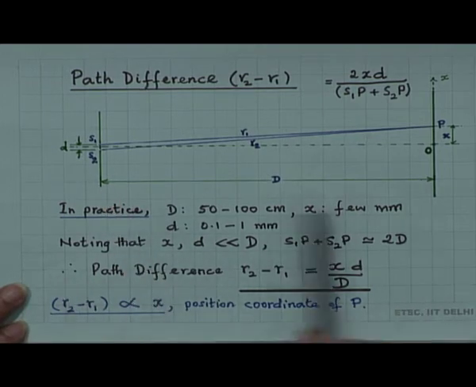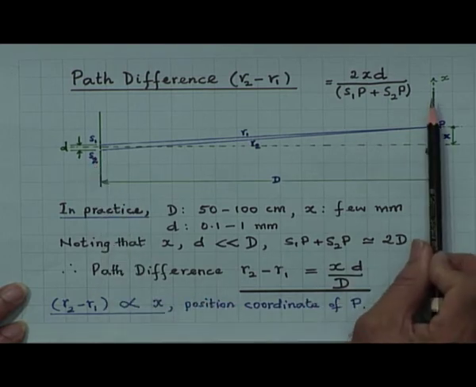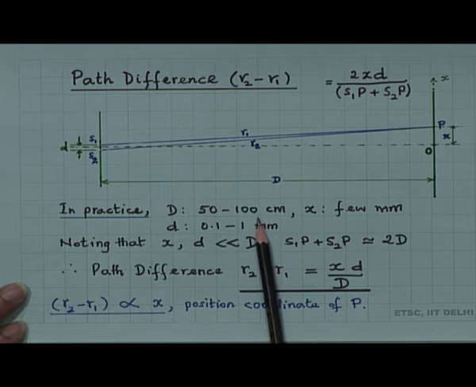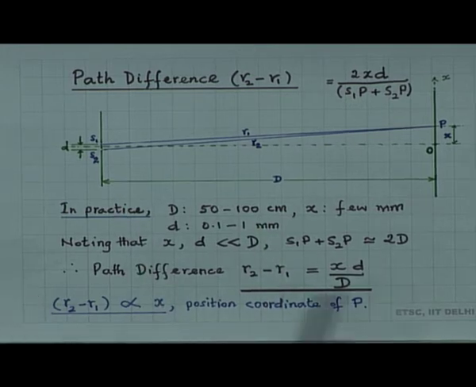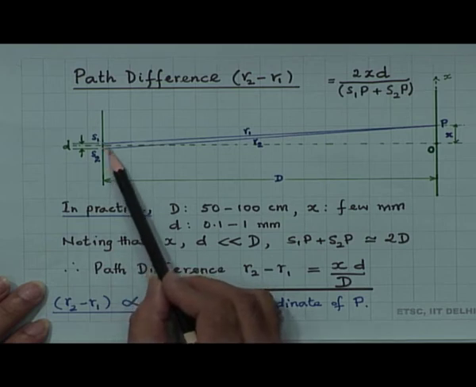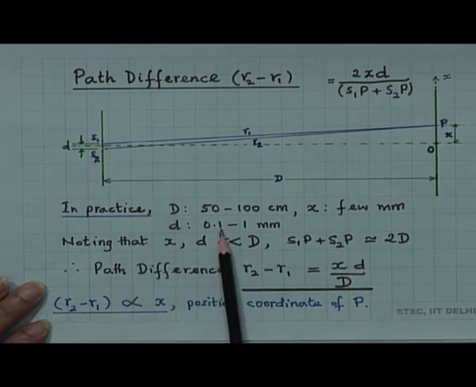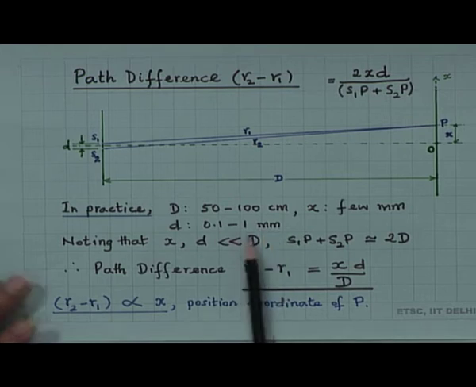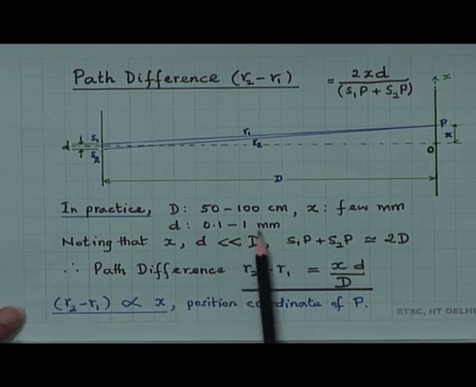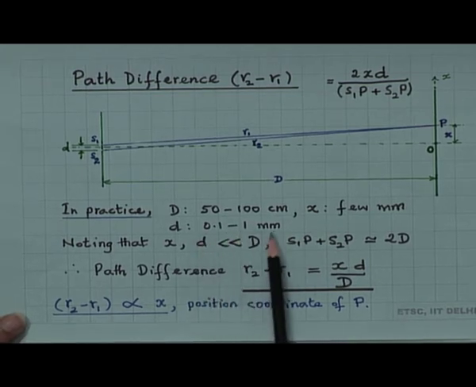Typically the D, the separation between the source plane and the screen, is 50 to 100 centimeter when we do experiments in a lab, and the two holes S1 and S2 are separated by a very small separation, typically between 0.1 and 1 mm. We will see some numericals and we will see that this d is generally about 0.3 mm, 0.4 mm and so on. So, we want to get a feel for the numbers now.